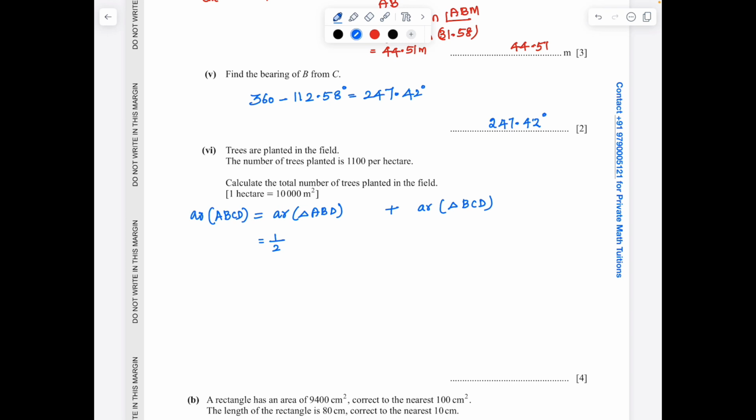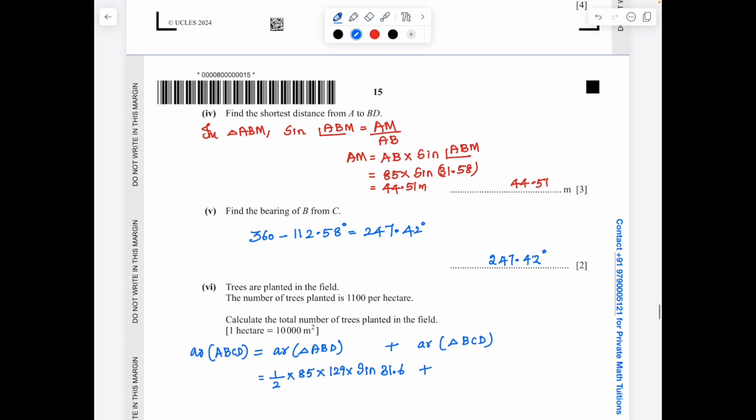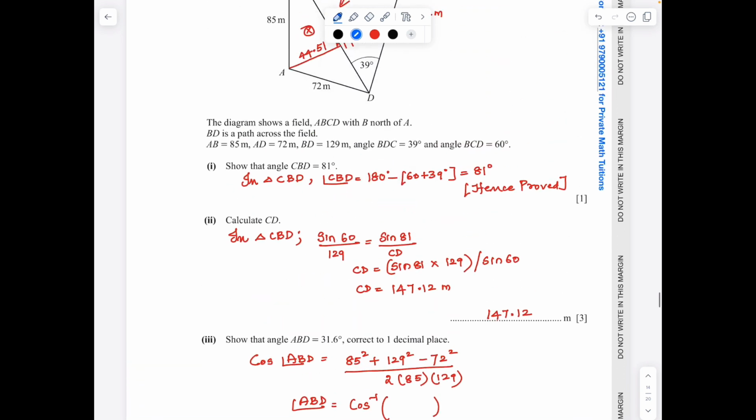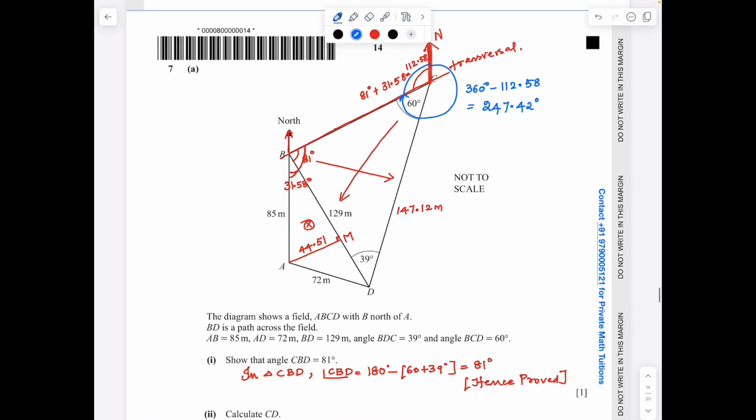Let's go in with the sine, which is half 85 into 129 times sine 31.6. And the next triangle is BCD.